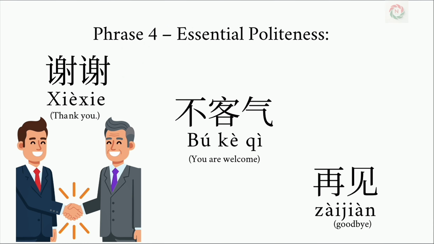And then essential words for politeness. We have 谢谢. Please pronounce this again. 谢谢. Thank you. Here we have 不客气. 不客气 is, oh, you are welcome. Don't be polite. You're welcome. It's always a response to thank you. So 谢谢, 不客气.